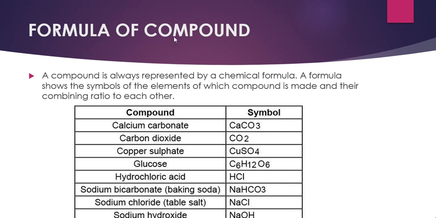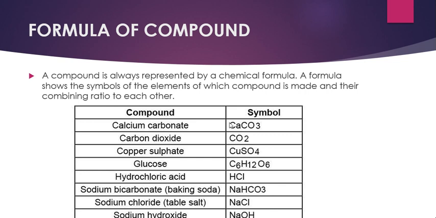Okay. Here are formulas of compounds. A compound is always represented by a chemical formula. A formula shows the symbols of elements of which the compound is made and their combining ratio to each other. So considering the first formula, calcium carbonate, CaCO3. Here you can see the symbols of elements, Ca for calcium, C for carbon and O for oxygen.